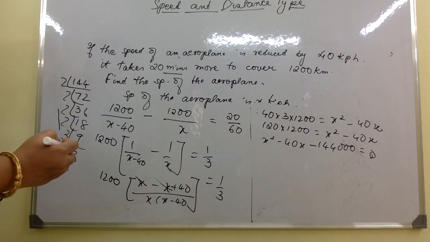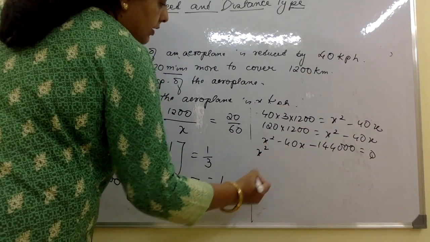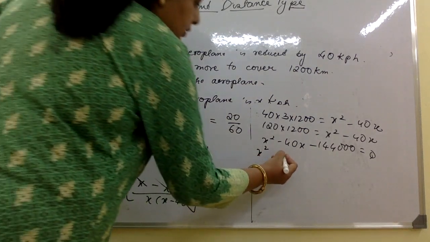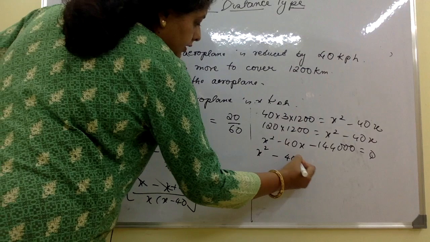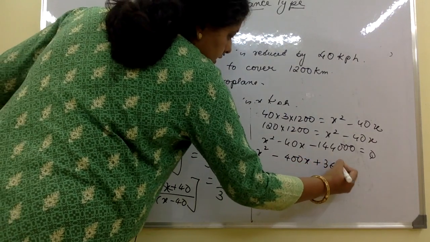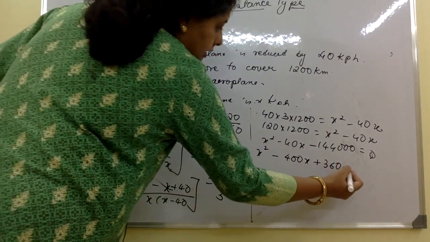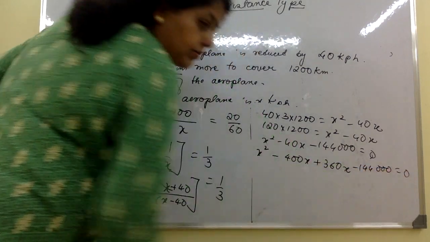So what I can do here is x squared minus 400x plus 360x, that gives me a difference of 40, minus 144,000 is equal to 0.